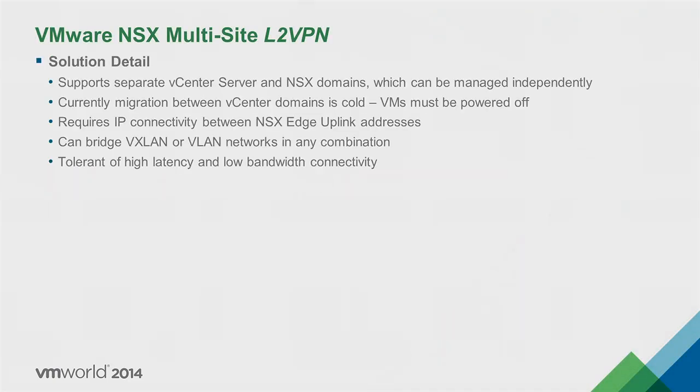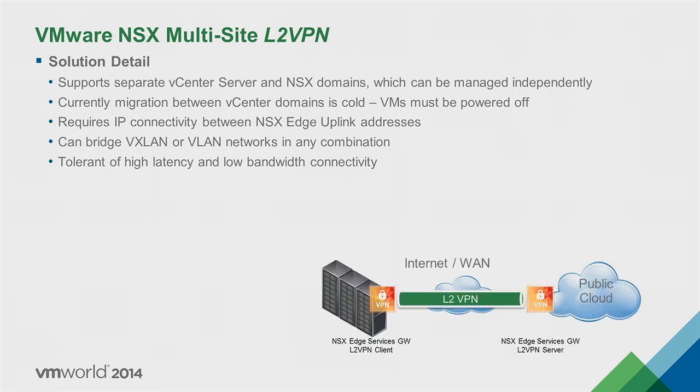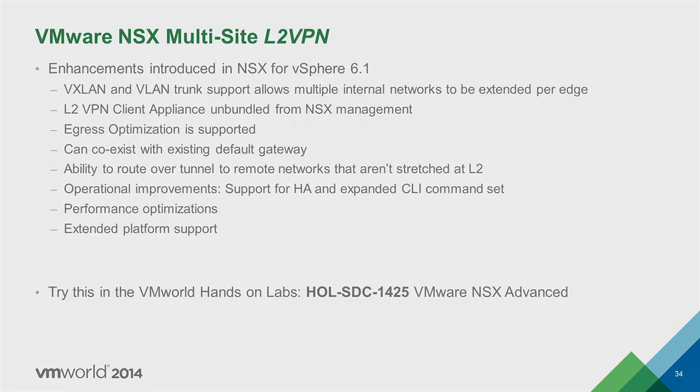Okay, L2 VPN. As I mentioned, L2 VPN provides an SSL secured extension over any IP network. We kind of covered this, so I'll skip forward. I wanted to briefly cover the enhancements in our 6.1 release, because we've really invested heavily in this feature. I mentioned the trunk support.